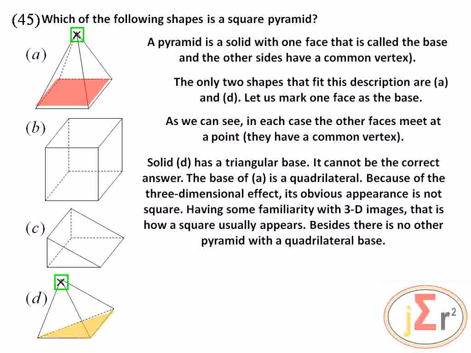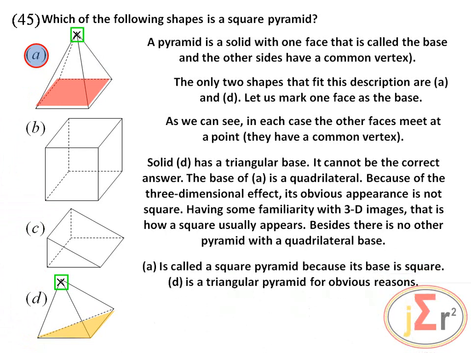So we are sure that that is the one that has a square base, because although it does not look square, in 3D we know that it's not going to look square. Right. And of course, we know for sure that it is the one that we are talking about because it is the only one with a quadrilateral base. So the correct one is option A.